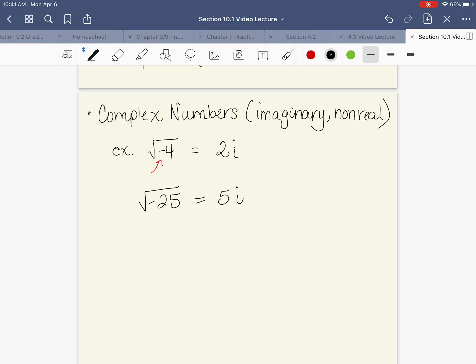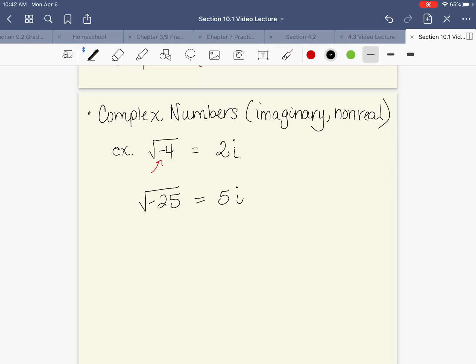Okay. So now let's look at, well, actually, let me explain one other thing here. If you have a negative under your radical and it's an even root, so this is a square root, so its index is 4.